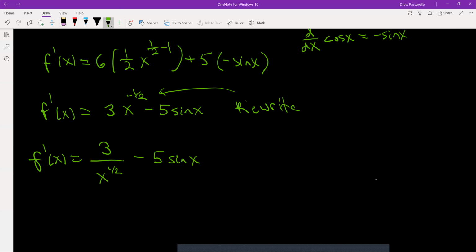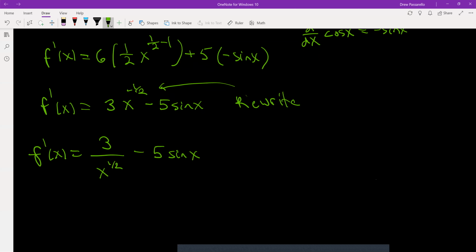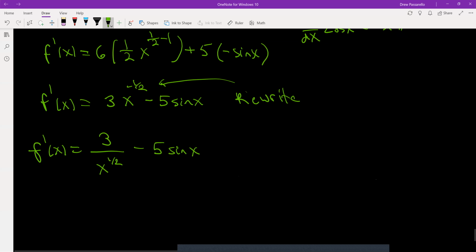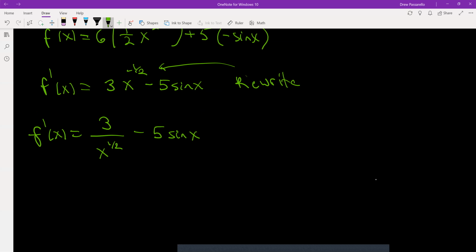Now the book goes further. Since we know x to the 1/2 is the same thing as the square root of x, this is really 3 over the square root of x minus 5 sine x.